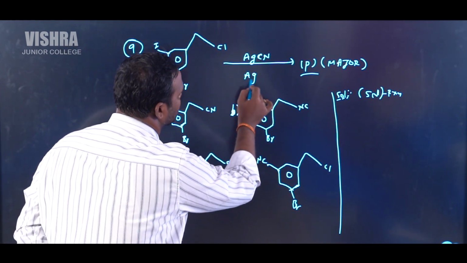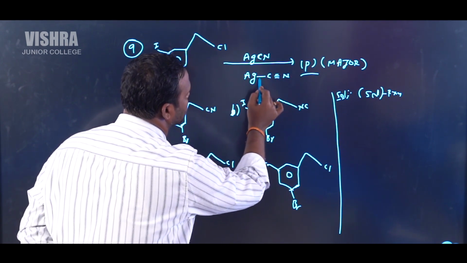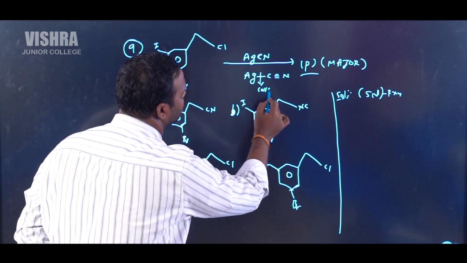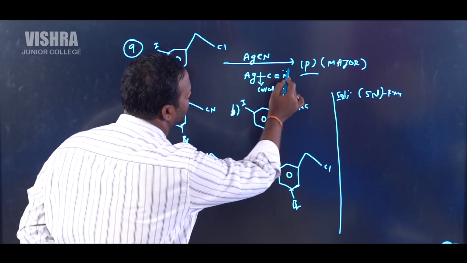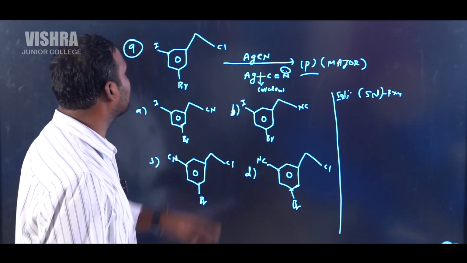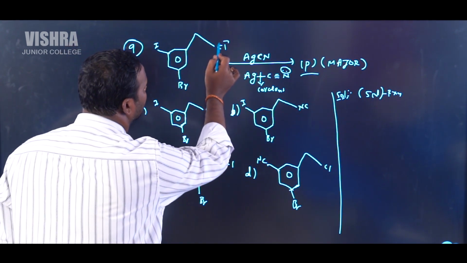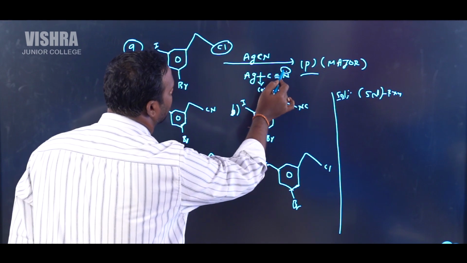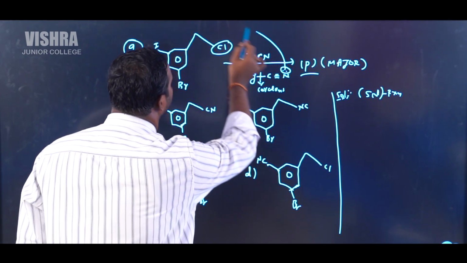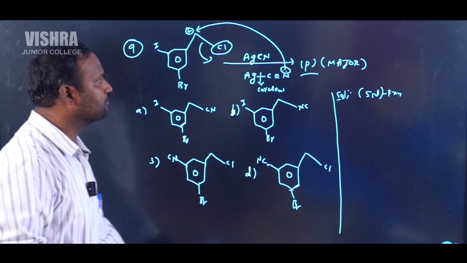The bond between silver and carbon is a covalent bond. So here, the lone pair of nitrogen is involved in the substitution reaction. The chlorine atom is replaced by nitrogen. Substitution takes place at the benzylic carbon.